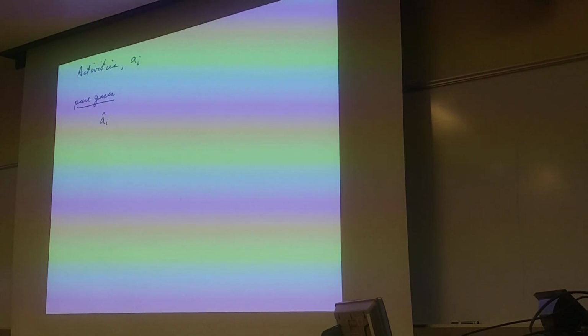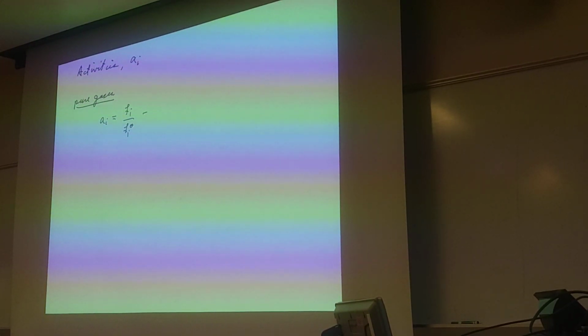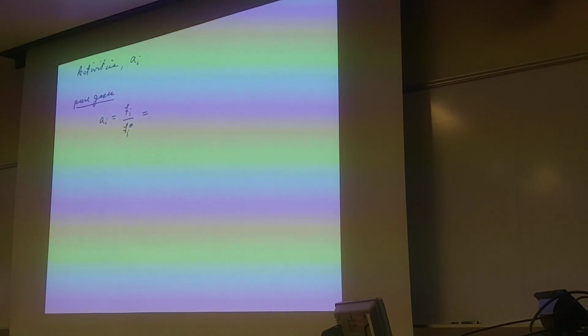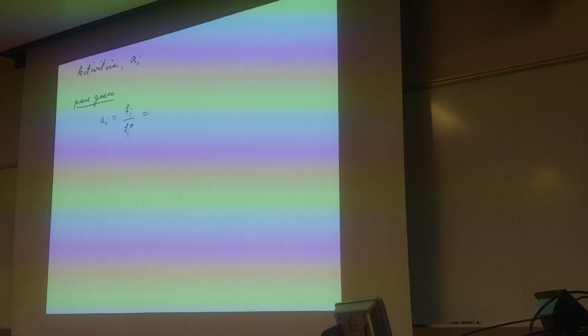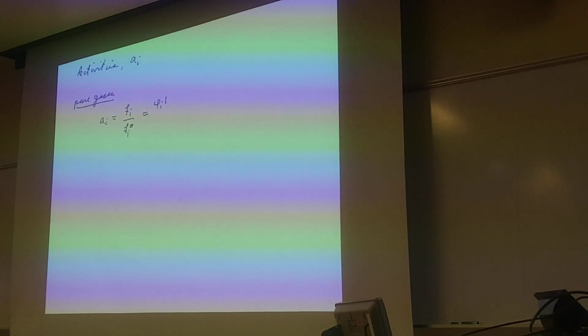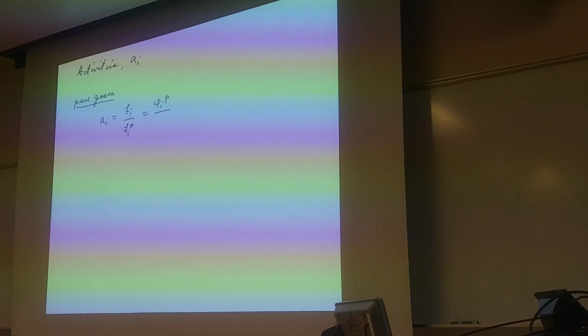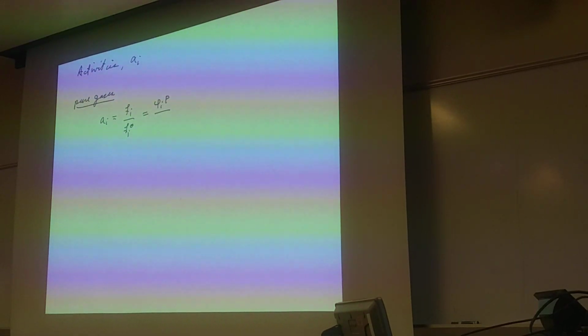The definition of activity is the fugacity of whatever it is over the fugacity in the standard state. So what is the fugacity? How do we write the fugacity of a pure gas? It's the fugacity coefficient times pressure. And what we've got down here for the fugacity of our standard state is the thing that we call P0, but we set that equal to 1 bar.